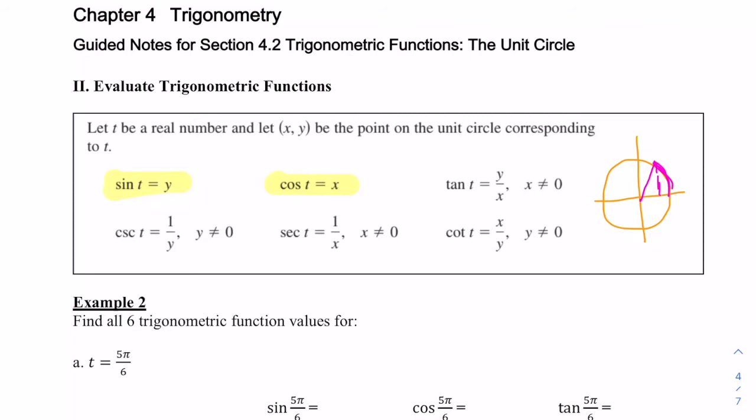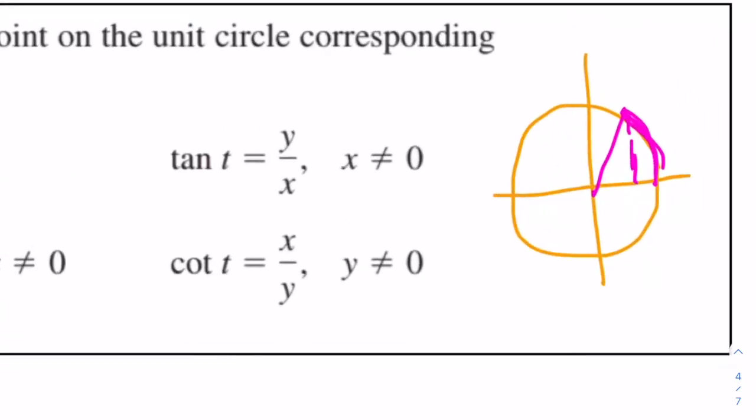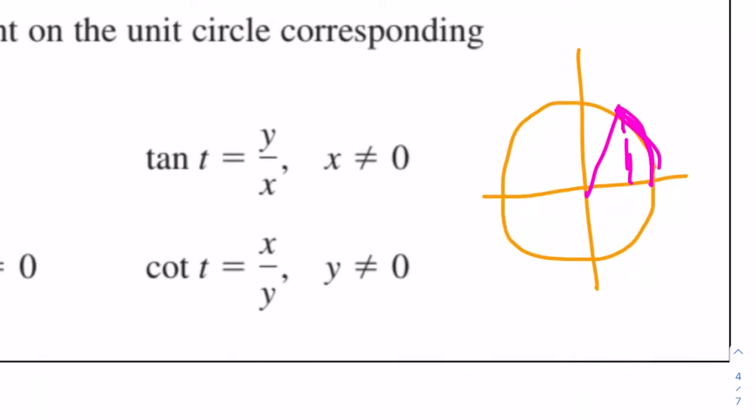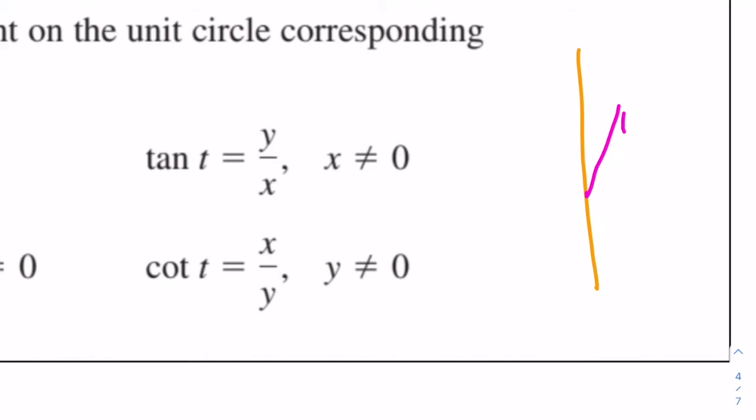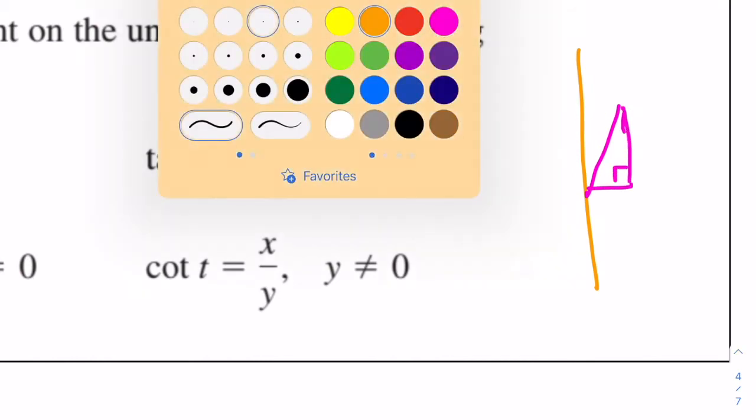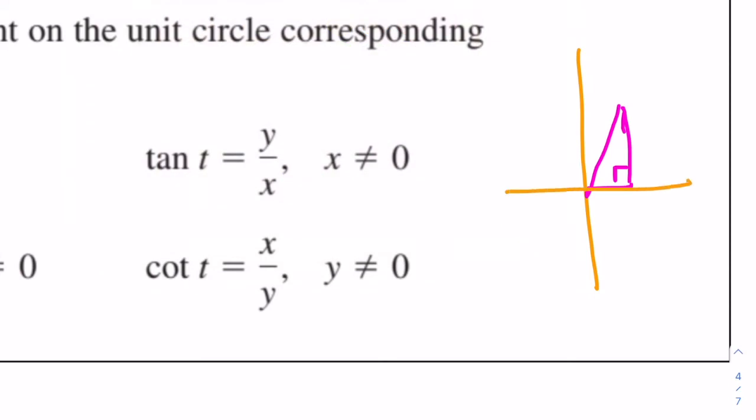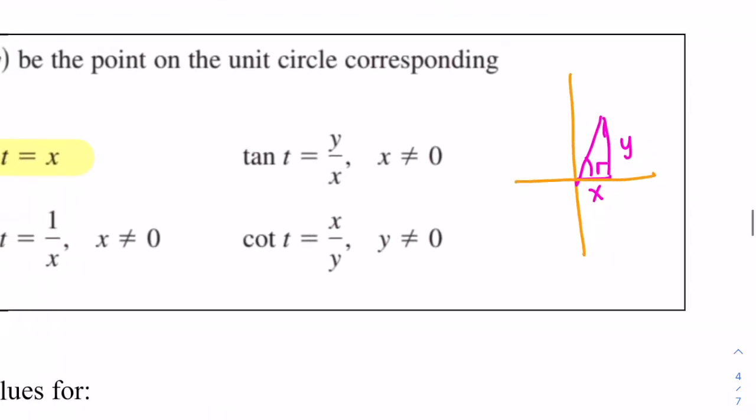Now when we look at tangent, well, tangent is going to be the opposite over the adjacent. And we could tell from the circle that we have, I'm just going to write this clearly here. So we have the y value and the x. So when we look at this angle right here, the tangent would be y over x.